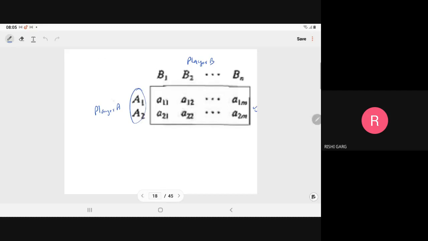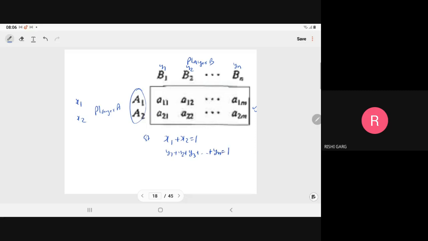For that, let x1, x2 be the associated probabilities corresponding to alternative 1 and alternative 2, and let y1, y2, yn be the associated probabilities corresponding to the alternatives of player B, such that the total probability is equal to 1, so x1 plus x2 is equal to 1, and y1 plus y2 plus y3 plus yn is equal to 1.